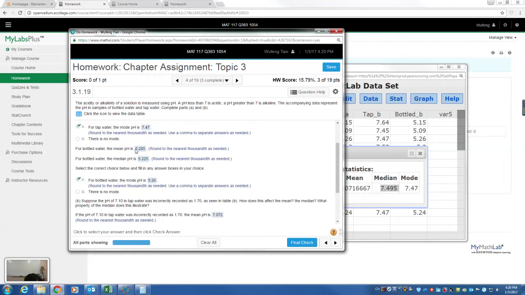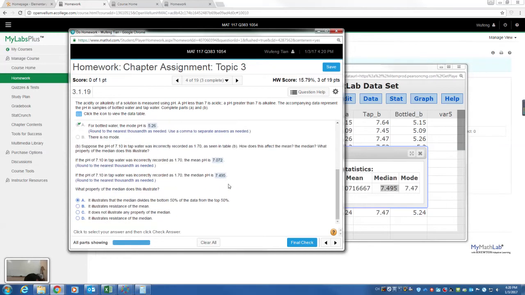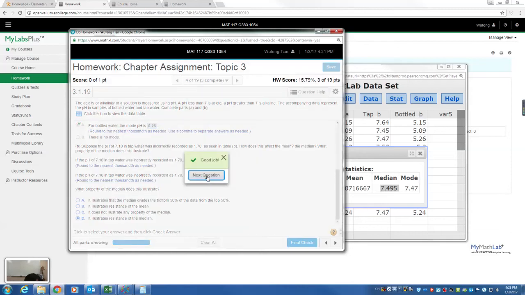The median does not change, so it illustrates the resistance of the median, not the mean. It should be this one.